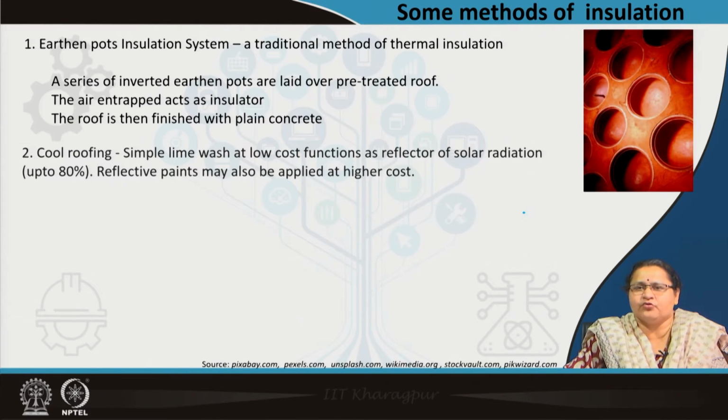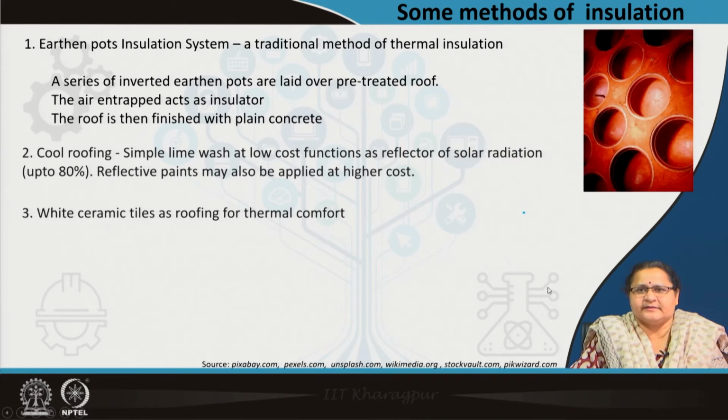One may use the roof for some social purpose, for gathering, or for keeping some items, a kind of storage. Then this may not be that effective, but yes, it is an answer for insulation in a very different way.